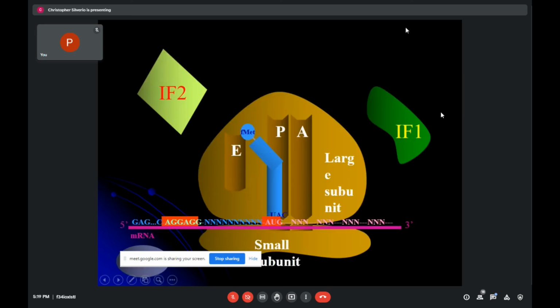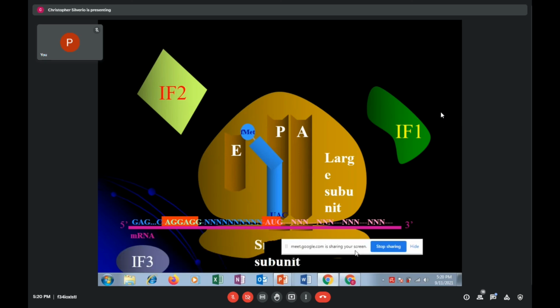These are initiation factor 2 and initiation factor 1, which will bind to the ribosomal RNA. Without IF1 and IF2, translation will not occur.